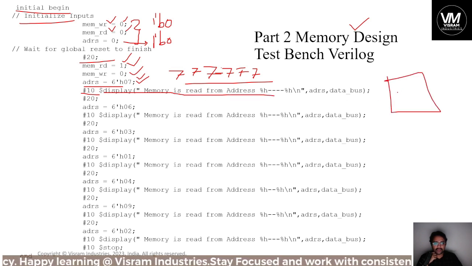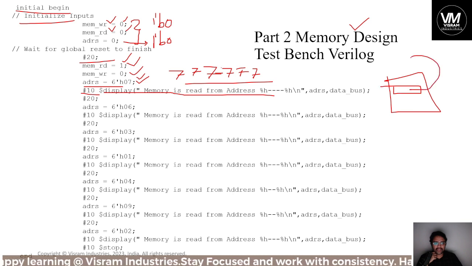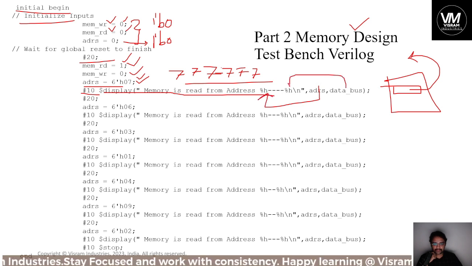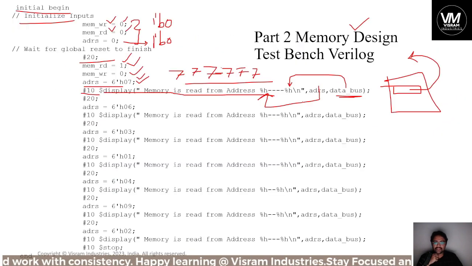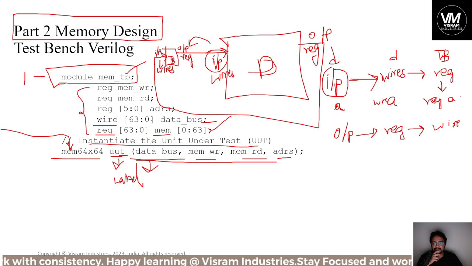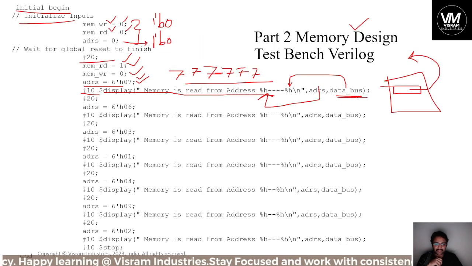Whatever address you have, that can be read. The address location should be printed, and data bus should also print the value it holds, because this data bus is assigned from the data register. Simply, if you have mentioned data bus as a wire, from that wire you can mention data bus here.